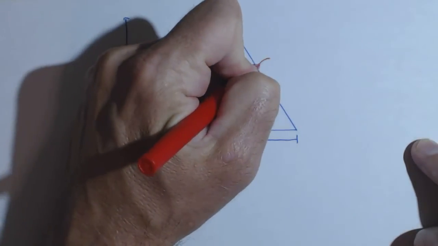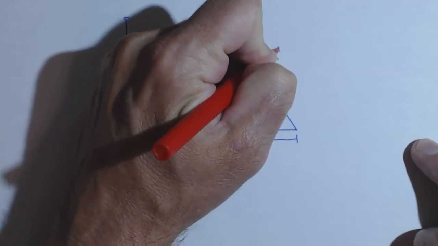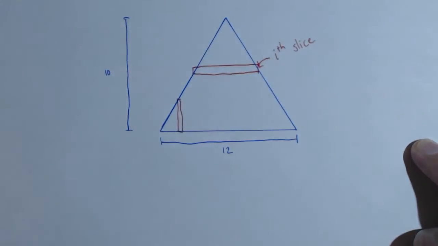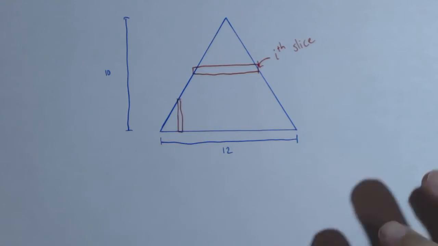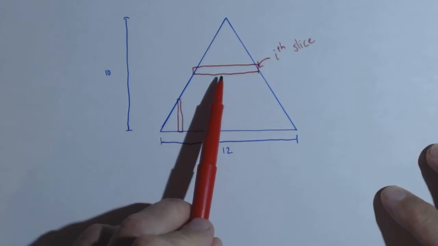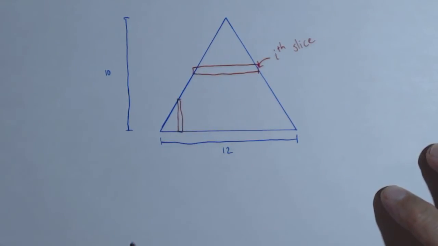Alright, so what we call this guy is the ith slice. What that means is it's the general slice for our triangle here. And so my goal is going to be, first, find the area of just the ith slice. Well, here's the idea.